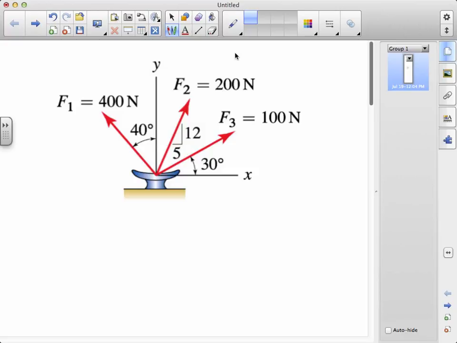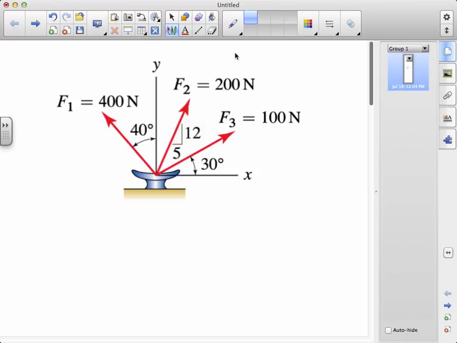For F1, we have an angle defined off the vertical axis, which means that the sine of that angle will give us x component information, and the cosine of that angle will give us y component information. For F2, we have the rise over run that's given as 12 over 5, and this is one of these special triangles.